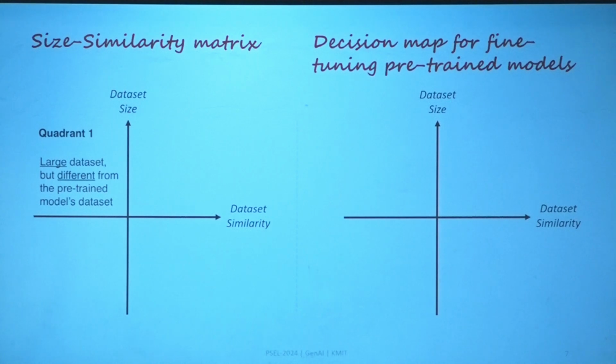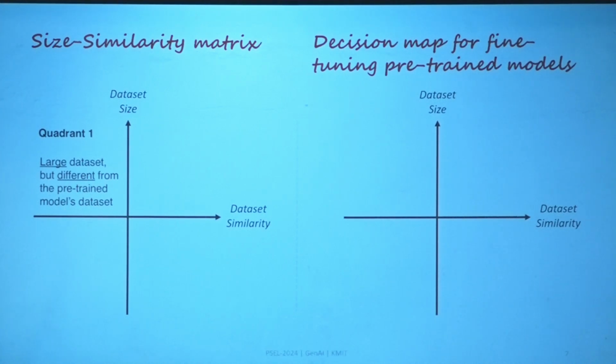So if you are working with a large data set which is different from the pre-trained model's, which of the earlier 3 strategies does it lead to? Your data set is very large, so you need not worry about the model overfitting, right? But your data set is different from the pre-trained model data set.